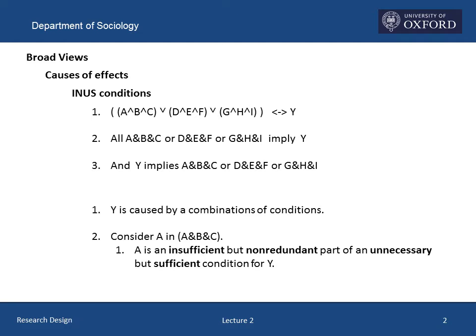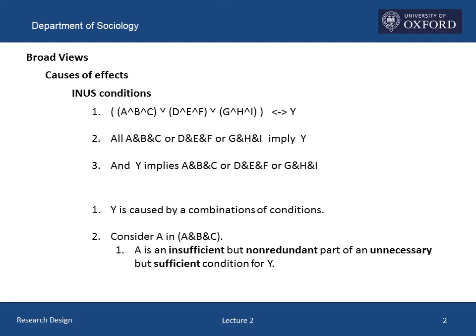However things work out, we know that Y is always caused by a set of factors working in combination. If we just look at the first set, A and B and C, we can say that A is an INUS condition for Y. That is, A is an insufficient but non-redundant part of an unnecessary but sufficient condition for Y. It is insufficient because to cause Y, B and C have to be present.